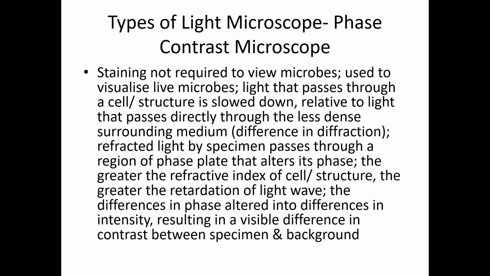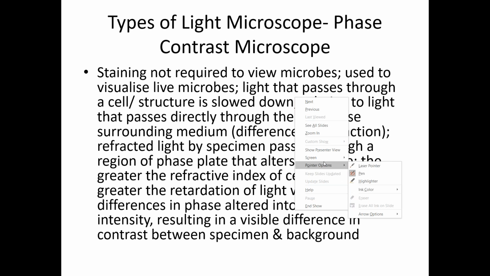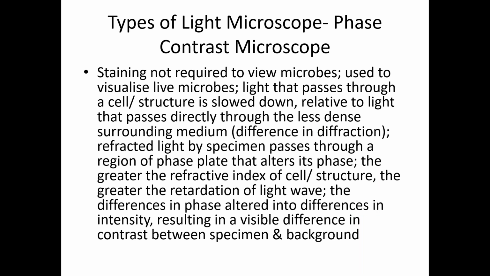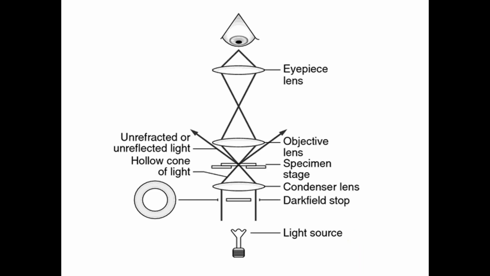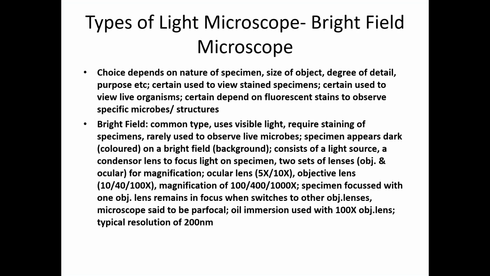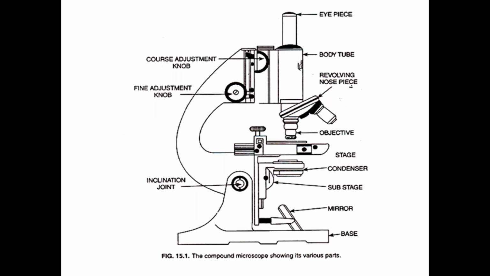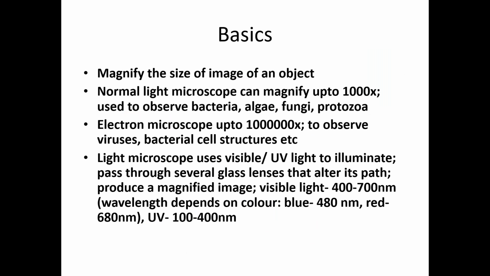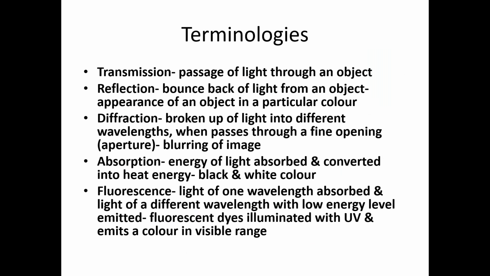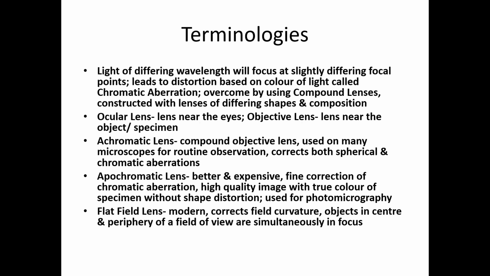Yes, so today we are going to start with the fourth type of light microscope. Just a review of the last few classes. We started with the terminology and basics, then some terms in microscopy, all those things we have covered.